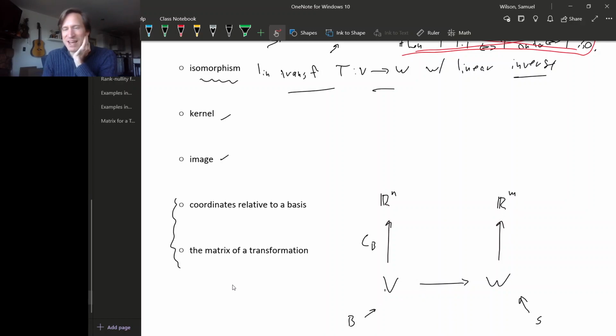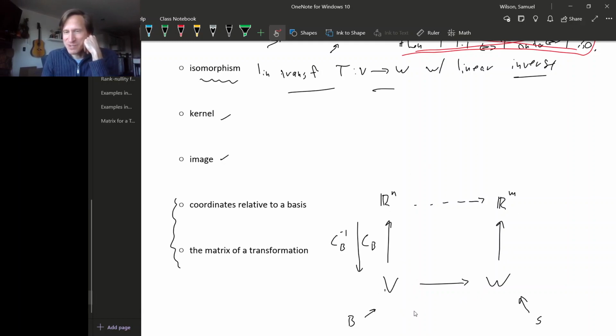So I guess we have to have the dimensions of V and W being finite for this to make sense. The matrix of a transformation is just the matrix that fills in the gap here when we invert this linear transformation. Well, this all makes perfect sense, right?